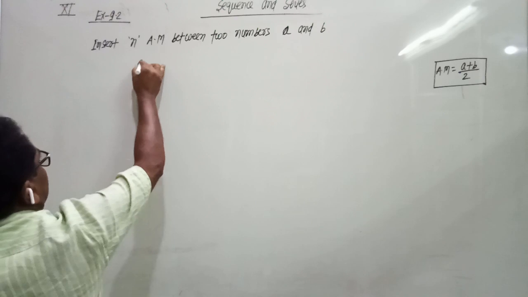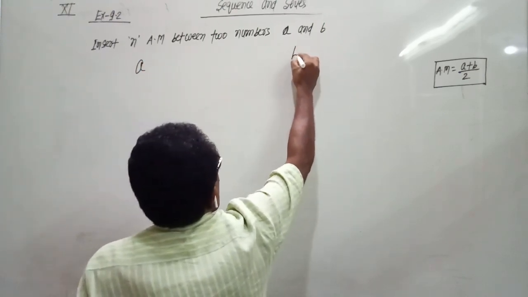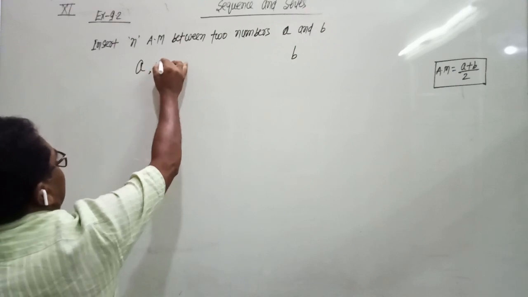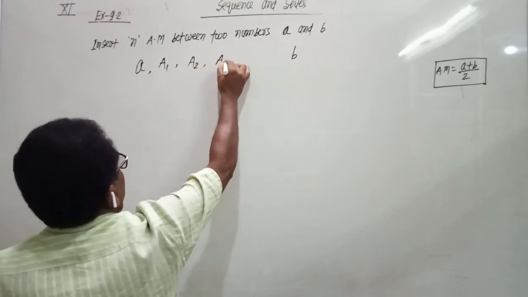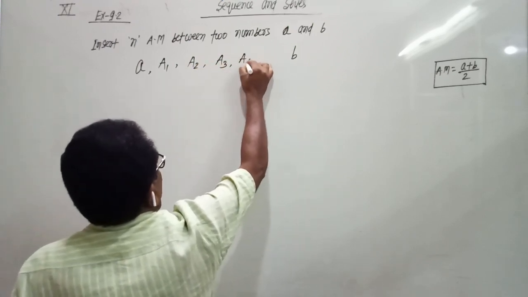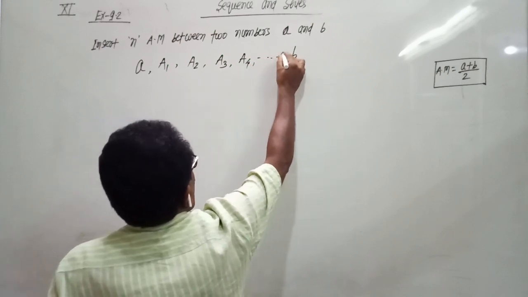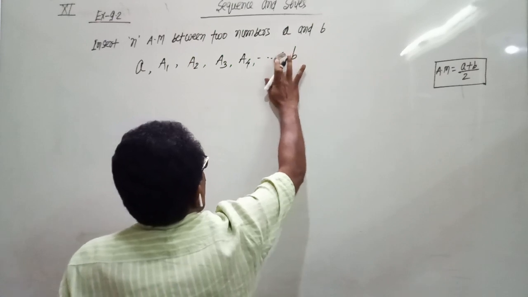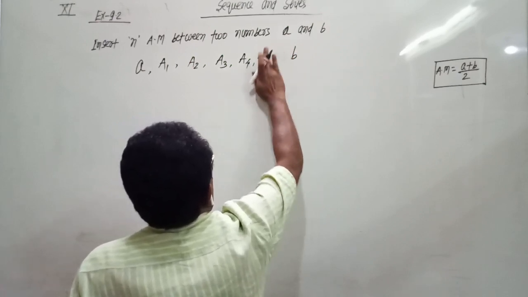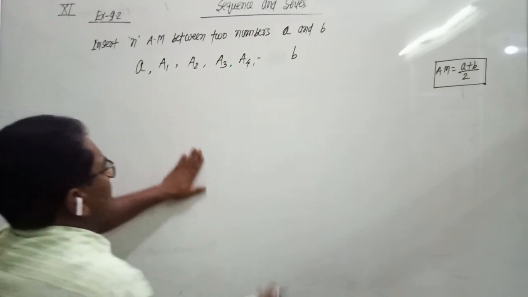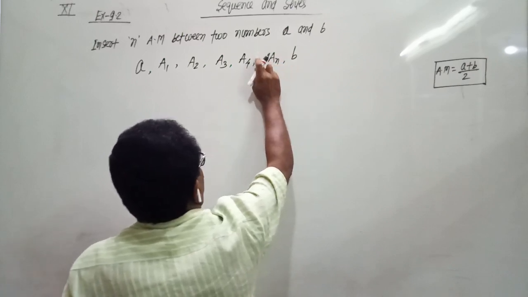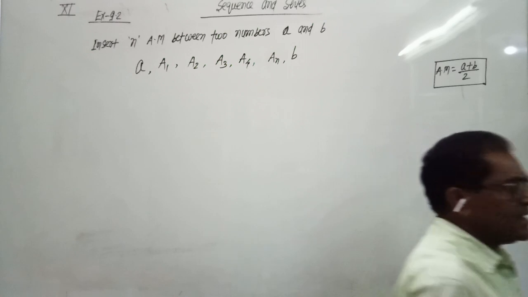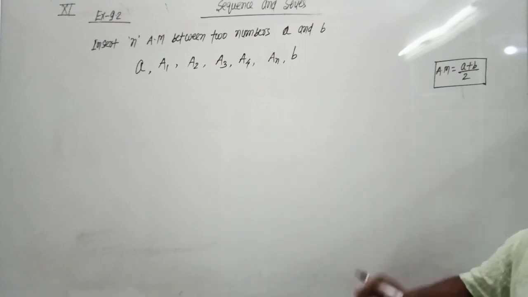So we write A and B, and suppose there are n arithmetic means between these two numbers: A1, A2, A3, A4, and so on up to An. We are given two numbers A and B, and we have to find the n arithmetic means between them.